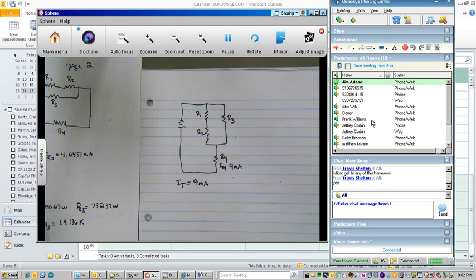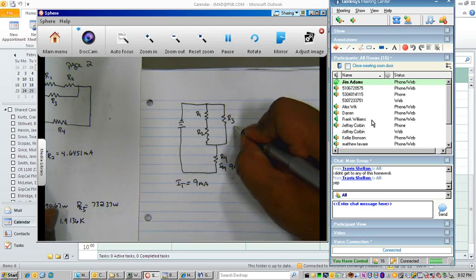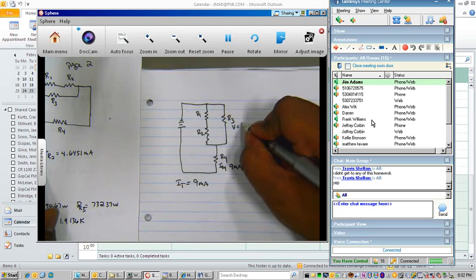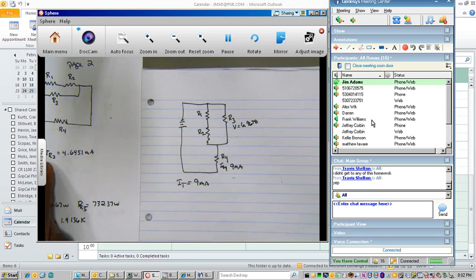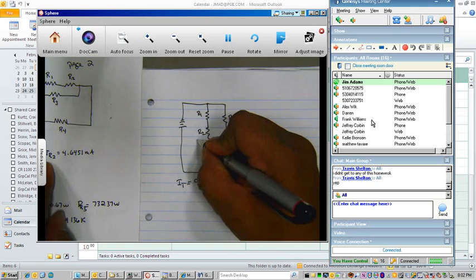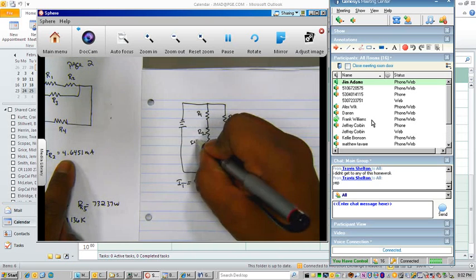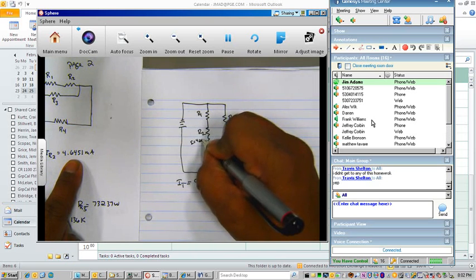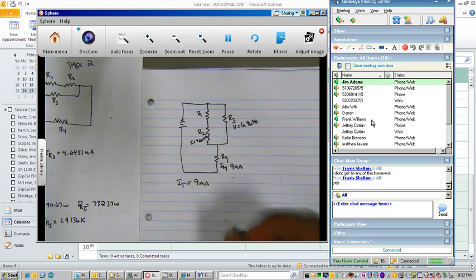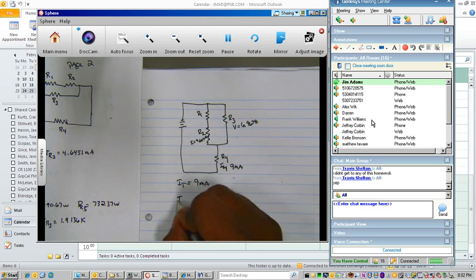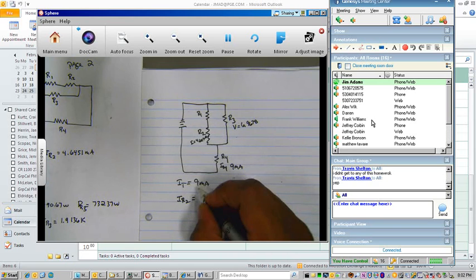Okay, let's do another one. How about number 5? He looks a little scary. Okay, let me redraw this one and we'll do it.